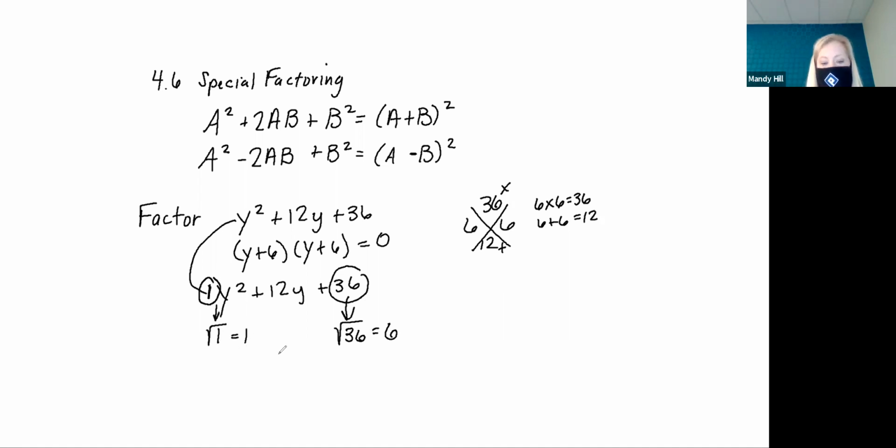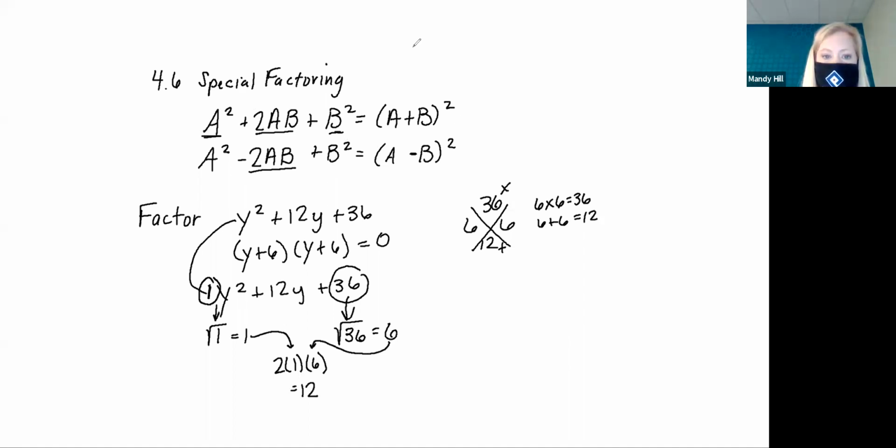If you take those two numbers, that's your a and that's your b. If you look at these two formulas, the first term is your a, the second term is your b. They're saying if you can get the middle term by multiplying them by 2, so 2 times 1 times 6, which is the last term, that gives me 12.